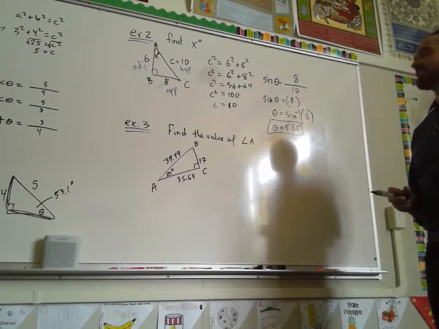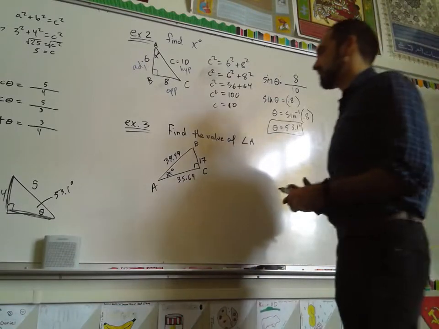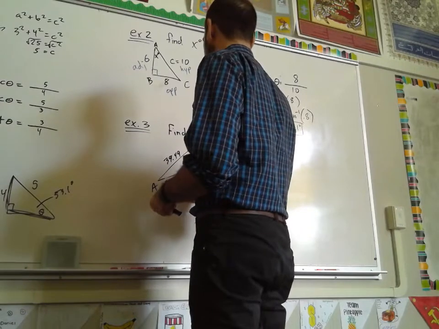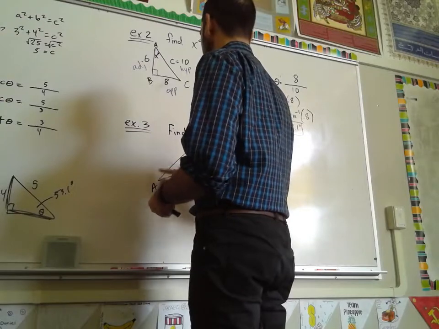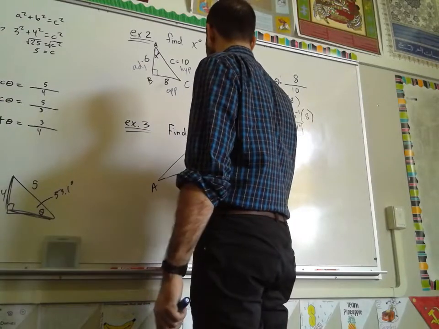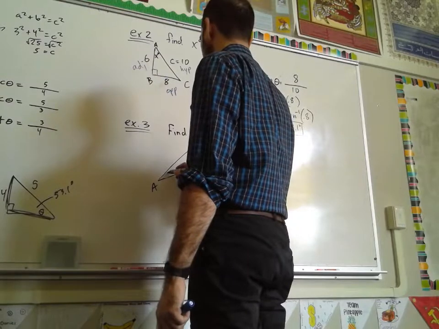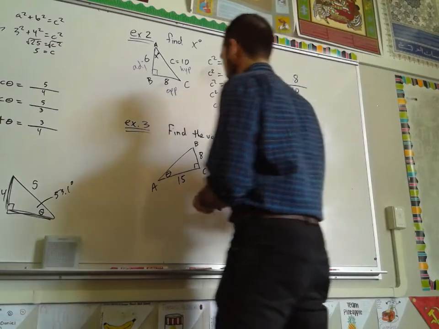All right, this problem is really similar, so I'm just going to change it up slightly. I want to look for something different. This is 8 and this is 15 and that's our theta.